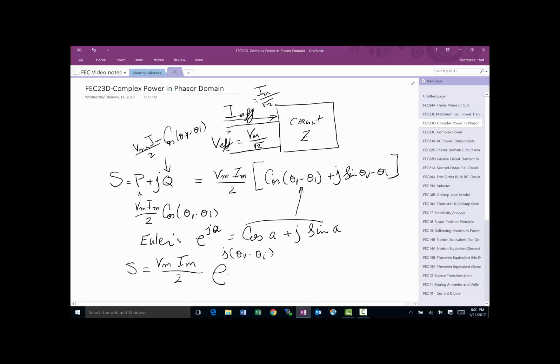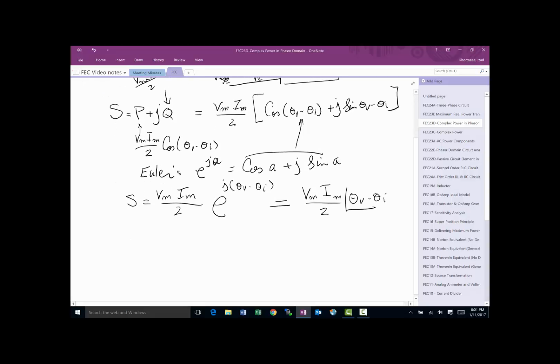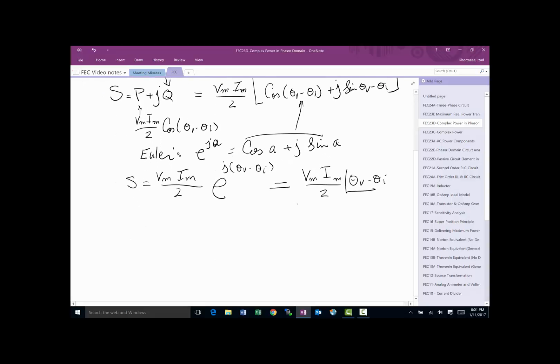A way of thinking about this is S equals Vm Im over 2 with a phase angle of theta v minus theta i. By the way, if you prefer, you can just say V effective times I effective, with angle theta v minus theta i. That's a good thing to have available to you.